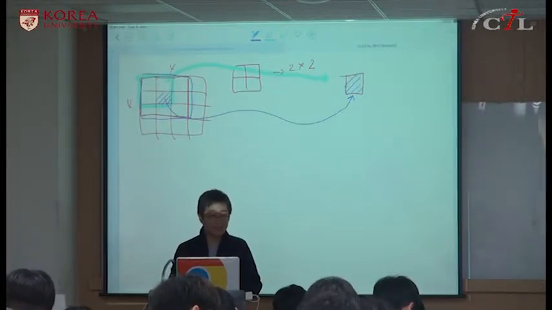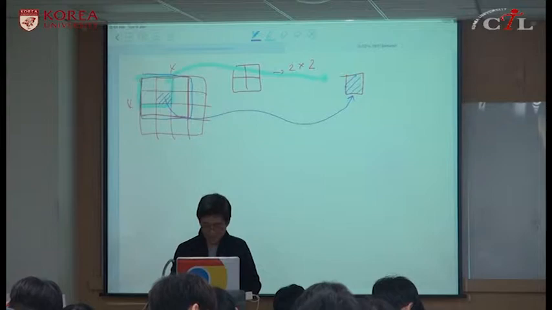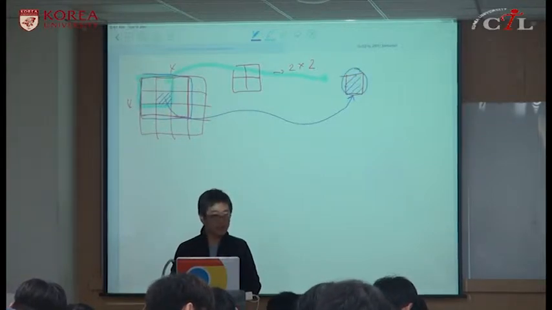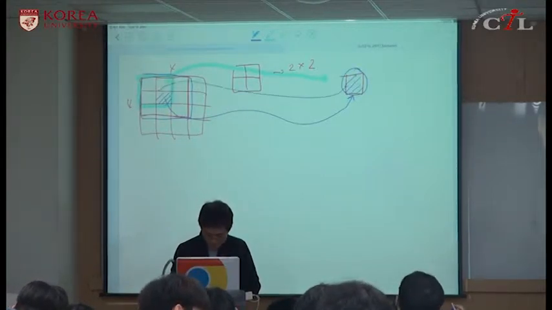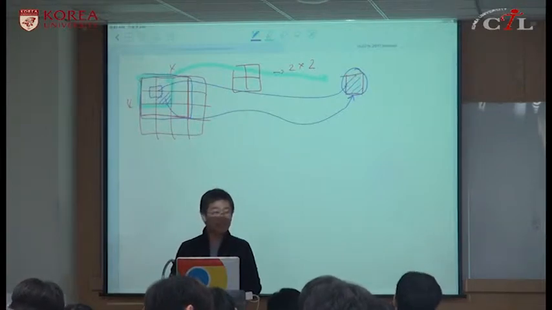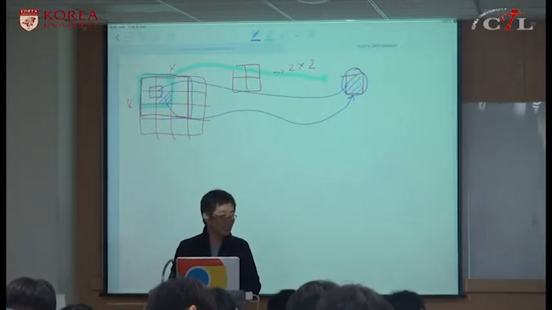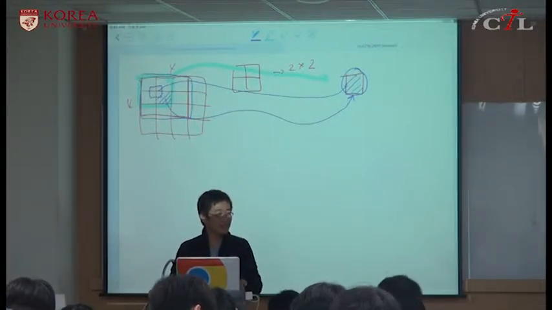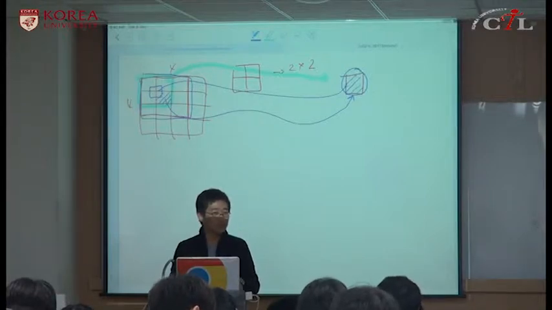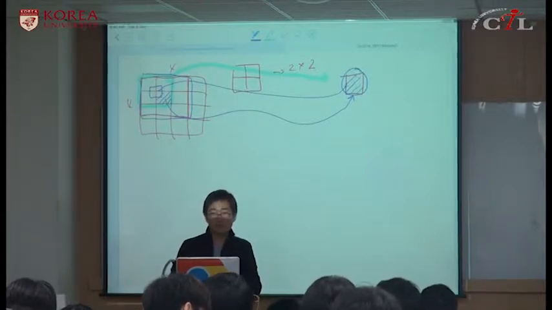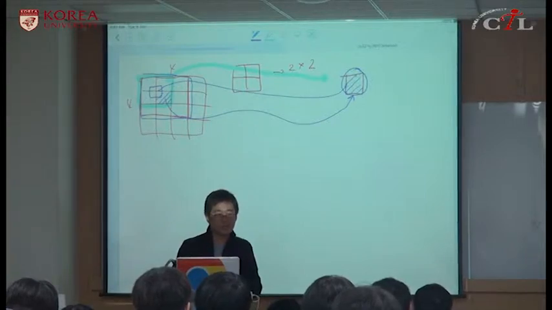But in the case of an even number, this pixel would be mapped somewhere around here, right? Which does not really correspond to a particular input pixel. So that's why we typically do not use an even number of filter size.